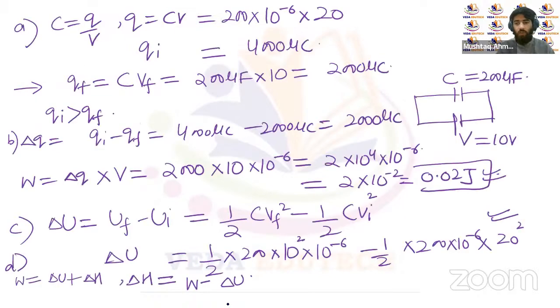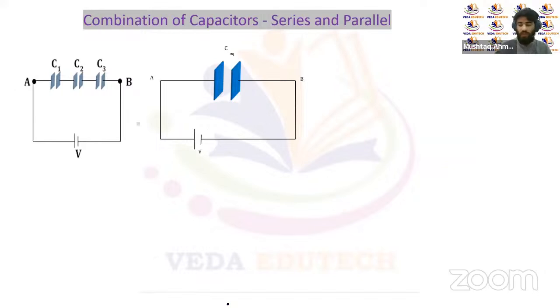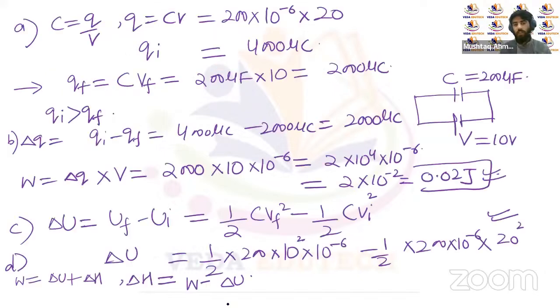So that was it with respect to the problems of the capacitor. We discussed the charging of a capacitor, how the charge flows from the capacitor to the battery or from the battery to the capacitor, and we calculated the heat also. We discussed the energy stored in the capacitor, and also the effect on the capacitance of a capacitor due to different dimensions like area, or the separation between the two plates of a capacitor, right?